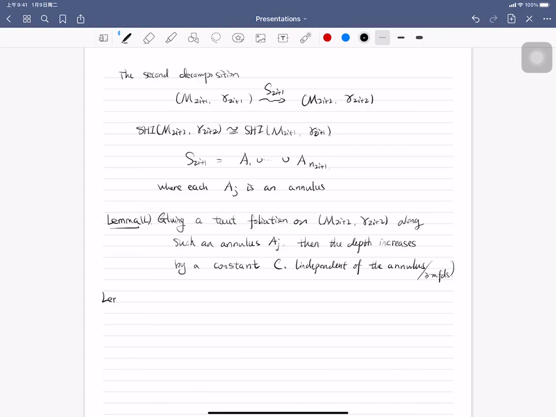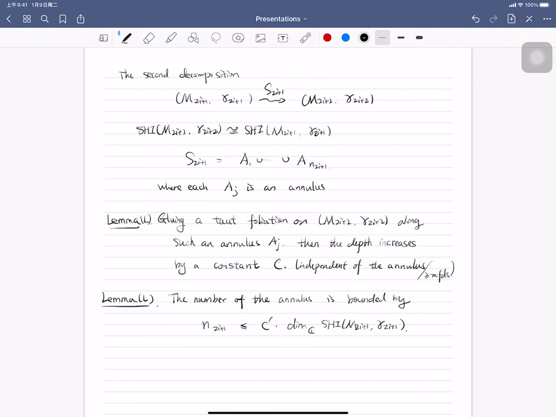So the last lemma we will need is that the number of the annuli, this N_{2i+1}, is at most some constant times the dimension of the sutured Floer homology of M_{2i+1}, gamma_{2i+1}.